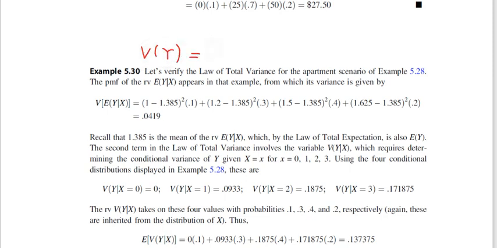V(Y) equals V(E(Y given X)) plus E(V(Y given X)). We just remember this equals V(E) plus E(V). E(V(Y given X)) is the variance of Y given X, or fixed X.